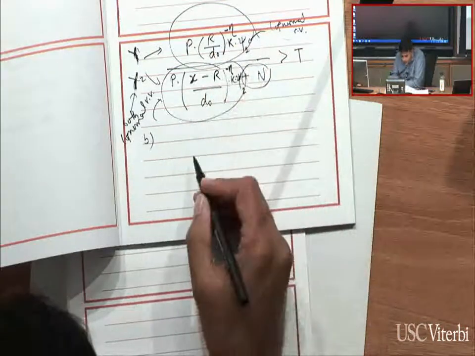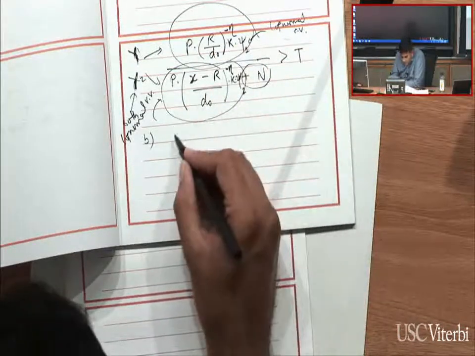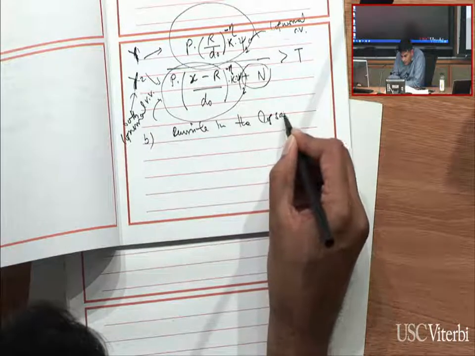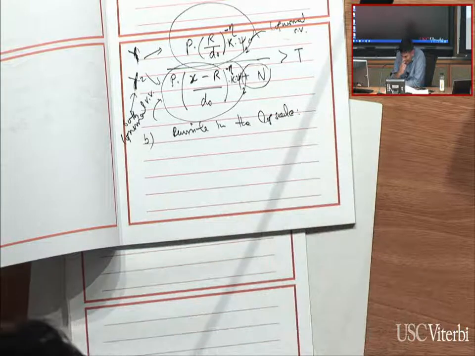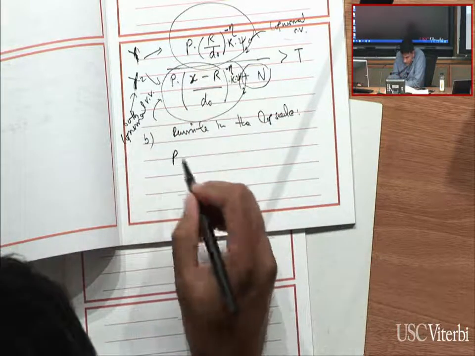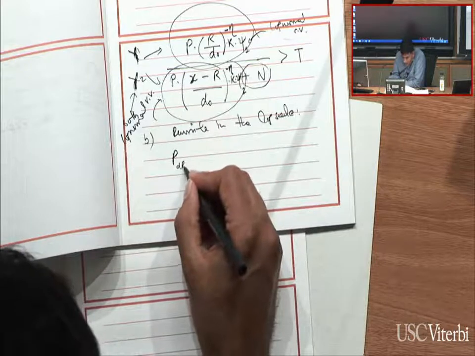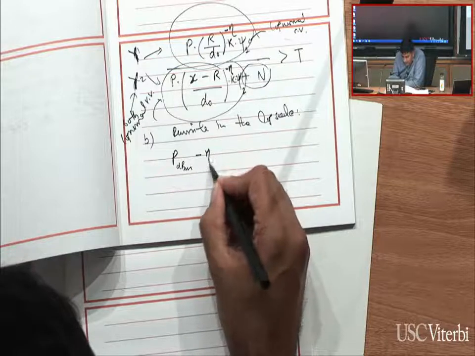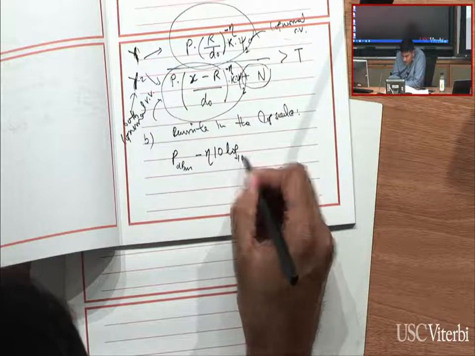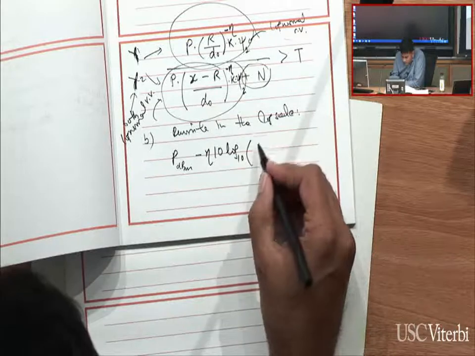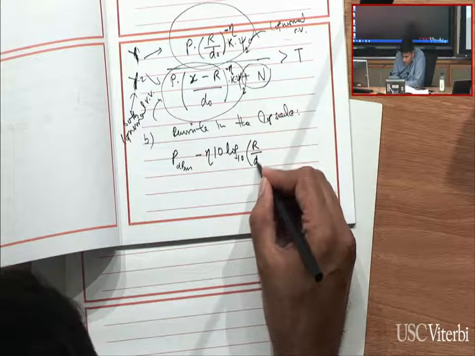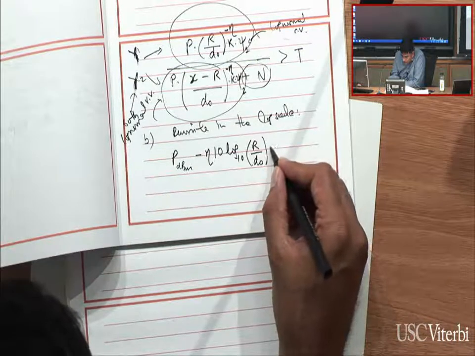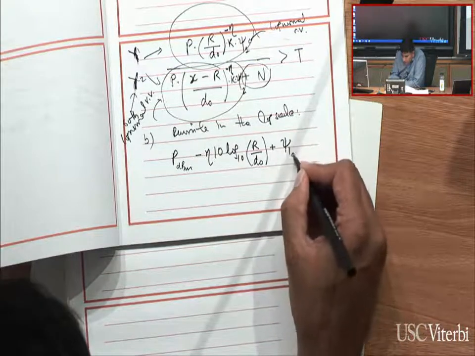And so if you were to rewrite all this in the log scale, this was basically the transmitted power in dBm, minus eta times 10 log 10 of r over d0, plus phi1 dB.